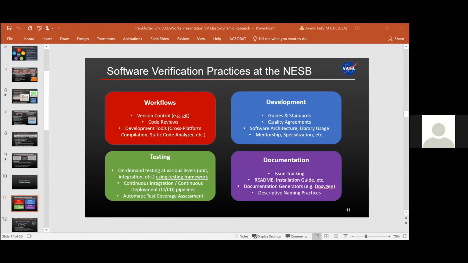So going into software verification practices, these are things that we found at the NASA for HPC code development or simulation code development that has been helpful. And I've divided these up into different categories, but really there's a lot of overlap between these. And it is not to say for researchers who are advancing in this to pick these up all at once, but to find a few that are helpful and again self-catalyzing.